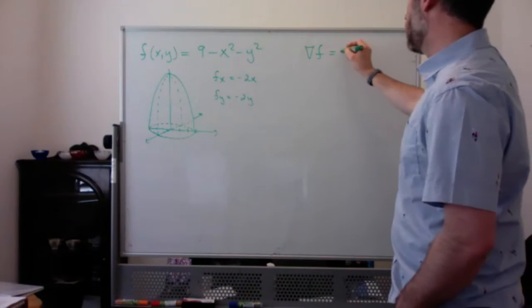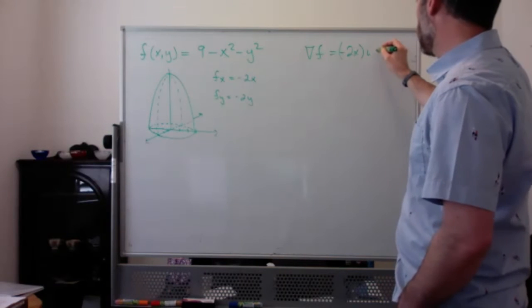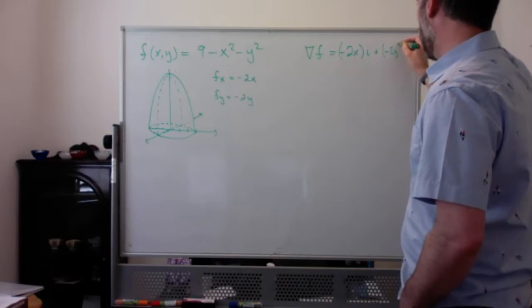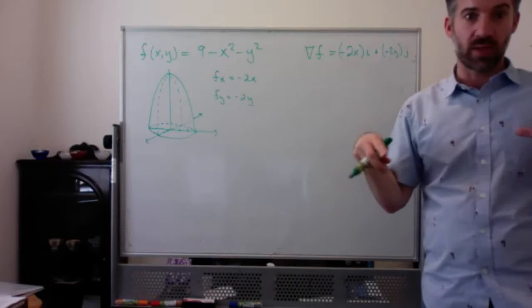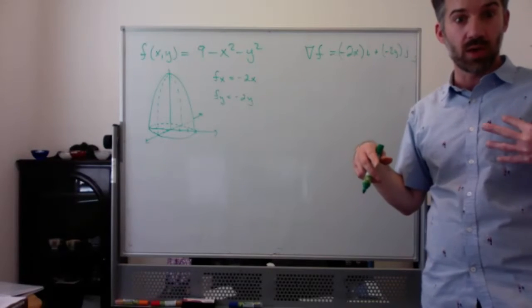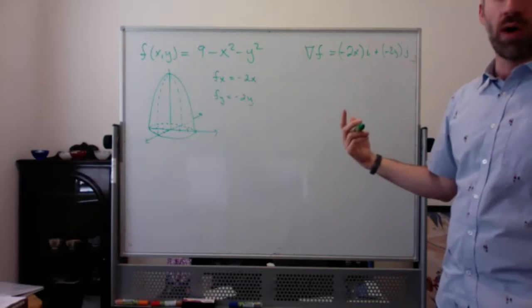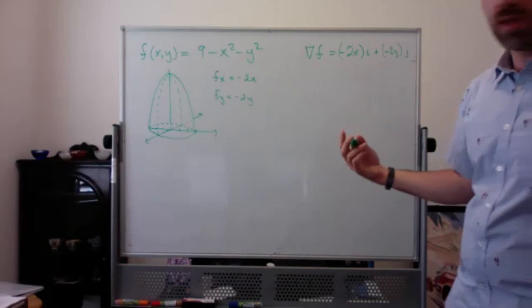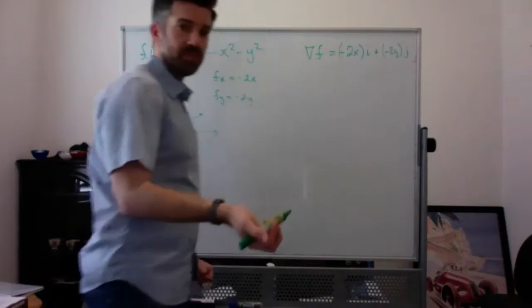I can write the gradient as negative 2x i plus negative 2y j, where i is the unit vector in the x direction, the vector 1, 0, or 1, 0, 0, and j is the vector 0, 1, or 0, 1, 0. This is just saying this much in the x direction, this much in the y direction.